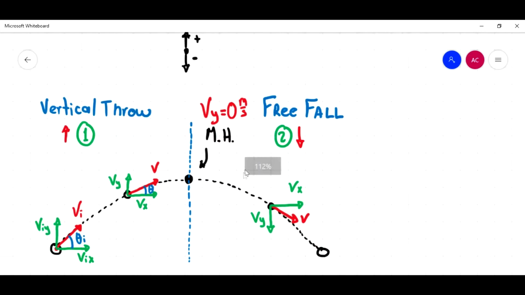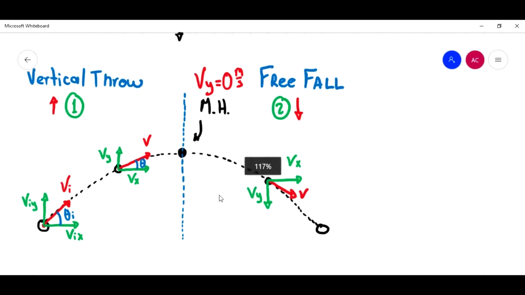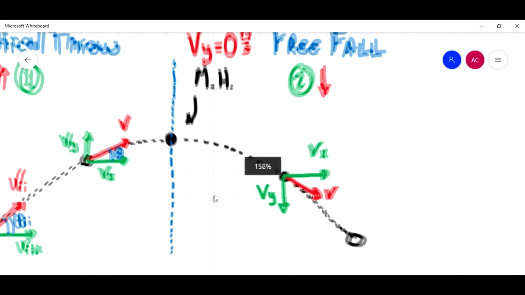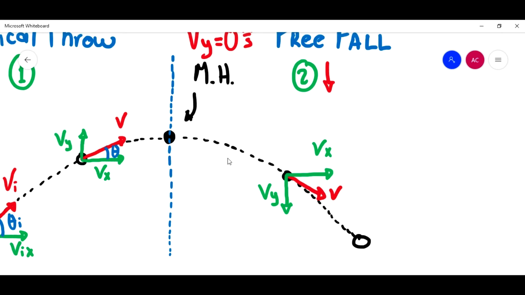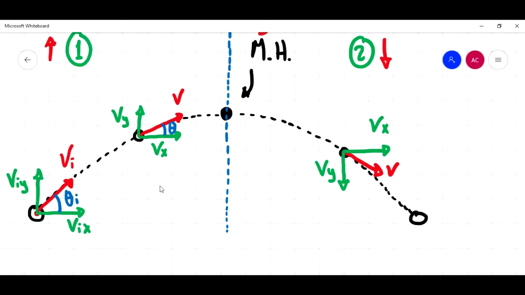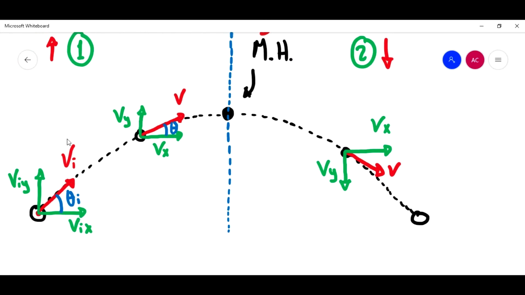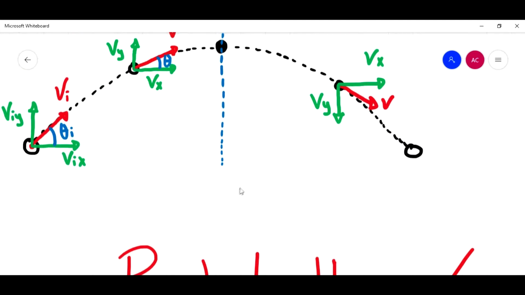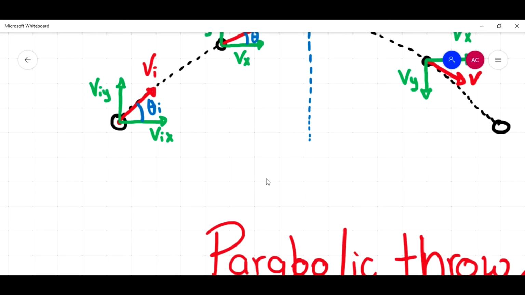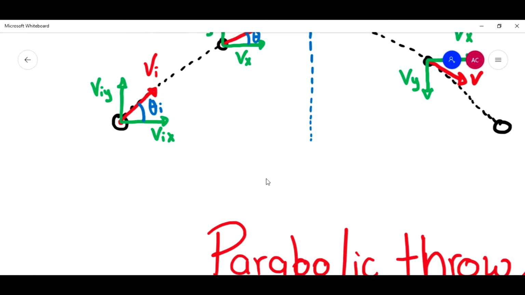So in this case, we're going to consider that. That means that in segment number 2, the velocity in y is going to be negative. In segment number 1, the velocity in y is going to be positive. And remember, this is where the motion starts.